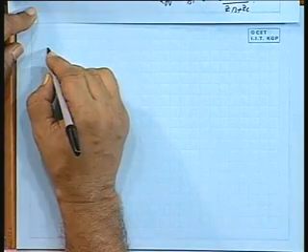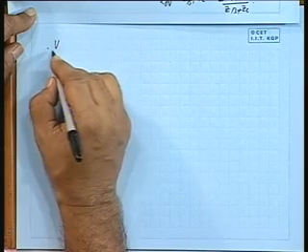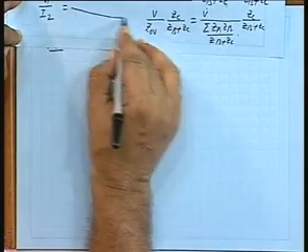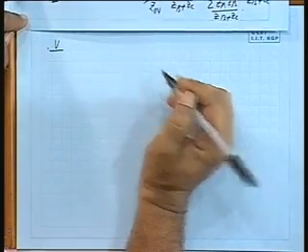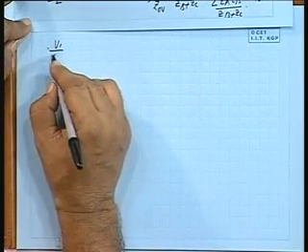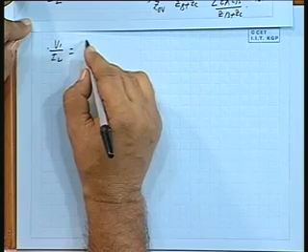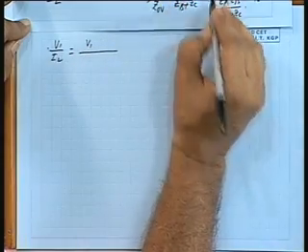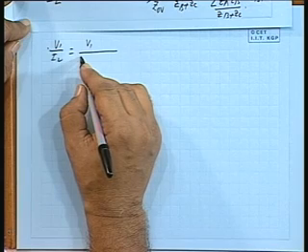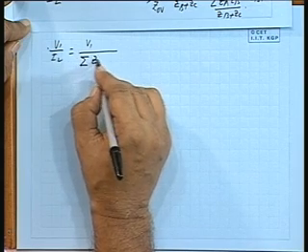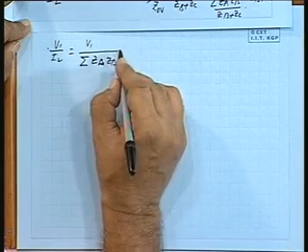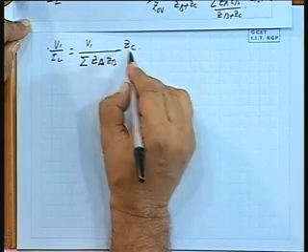That gives me V1 by sigma ZAZB multiplied by ZC. Is that all right?